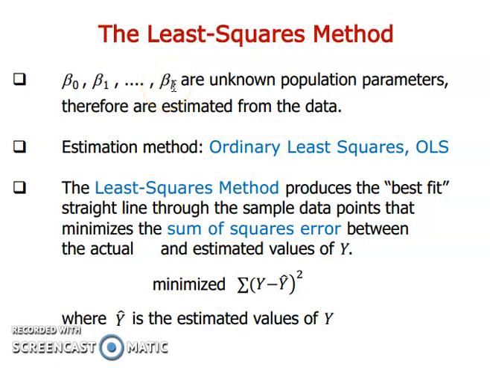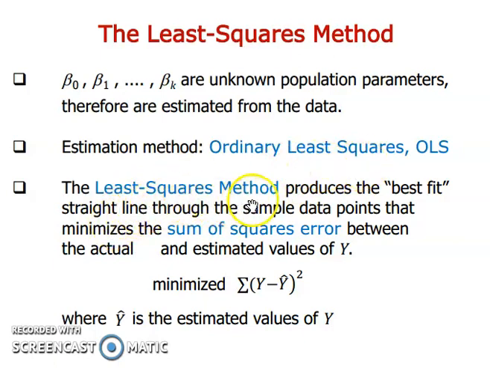So we need to use an estimation method called ordinary least squares, or OLS. By using this estimation method, we will get the value of the intercept, which is beta naught, and also the slope coefficient. So what is ordinary least squares?